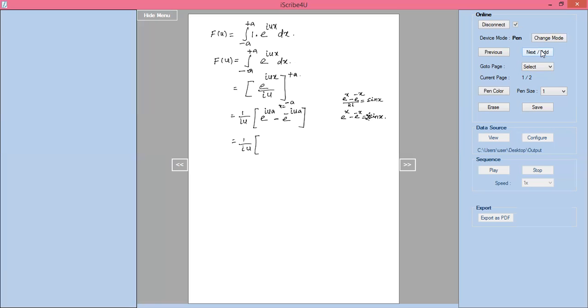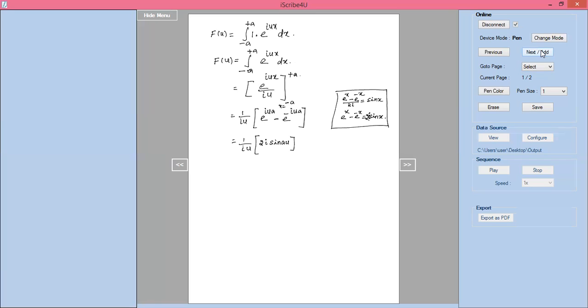Divided by 2 alone is not that, so it should be 2i. Once again, e^(ix) minus e^(minus ix) divided by 2i is sin x. If you multiply the 2i to the other side, you get 2i into sin x. This is a formula we studied in lower standards: e^(i theta) minus e^(minus i theta) is 2i into sin au.